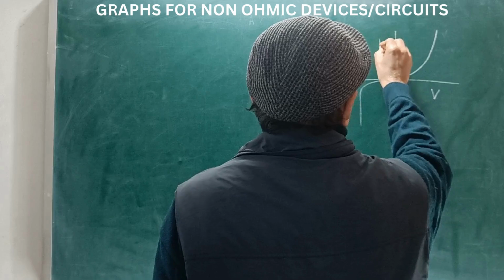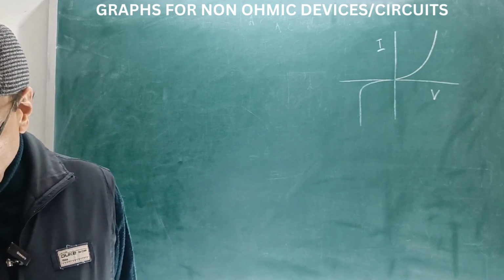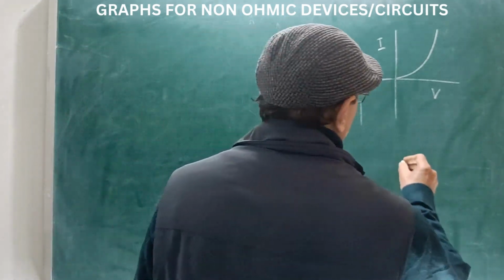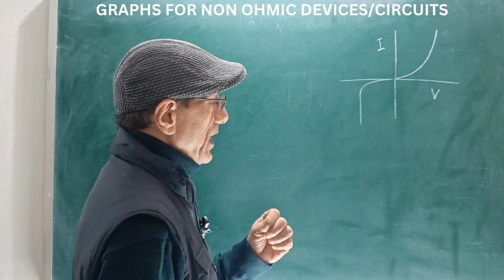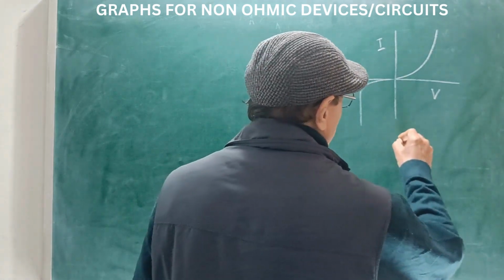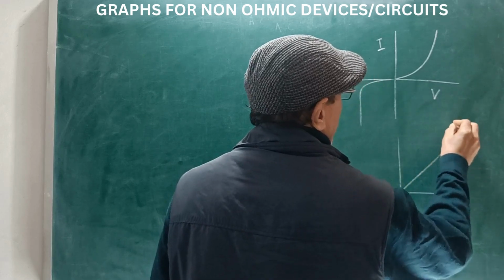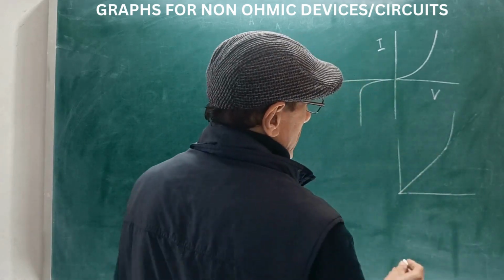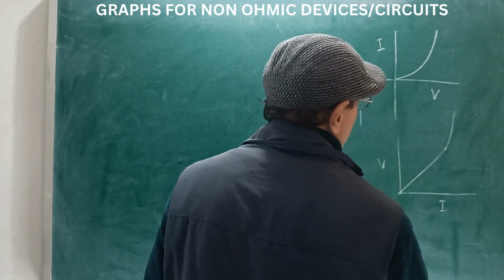This is the V and this is the I. In case of doing the experiment of Ohm's law, if the key is kept connected for a long time, then the temperature rises, and you might have seen that the graph goes like this instead of a straight line. So here Ohm's law is not applicable. This is I and this is V.